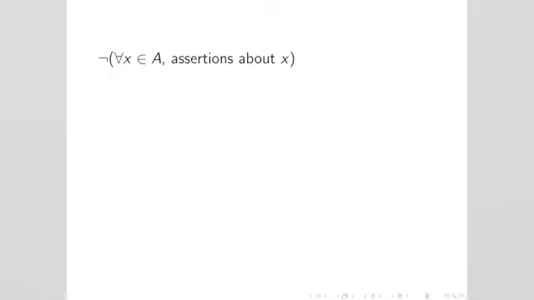Suppose we want to negate a universal statement. The universal statement here is that for every x in A, certain assertions about x are true. So if something is not true for every x, that means there's some x for which it is not true. So the negation of a universal gives us an existential.